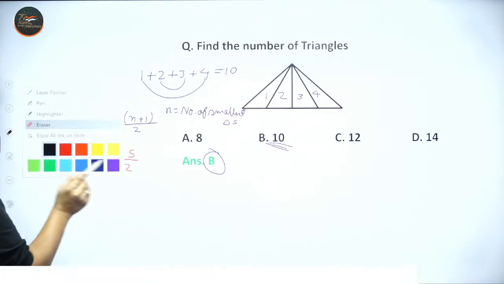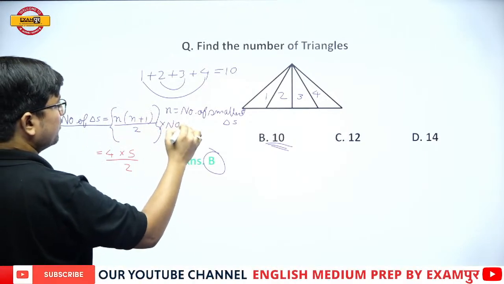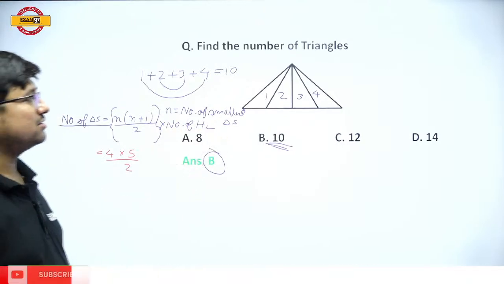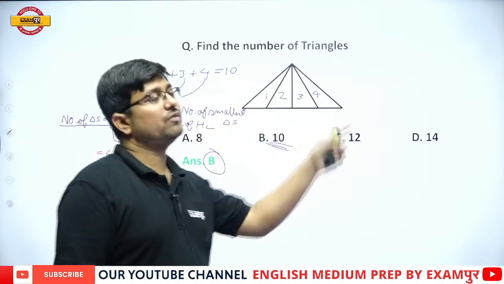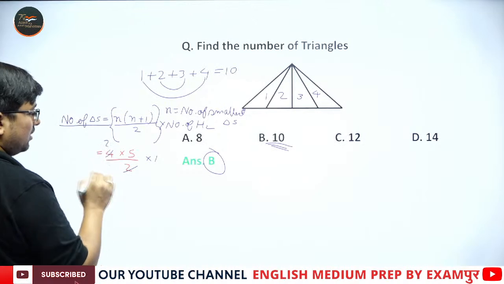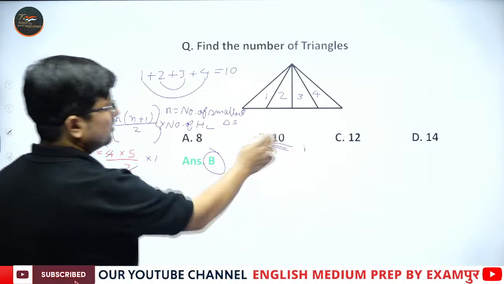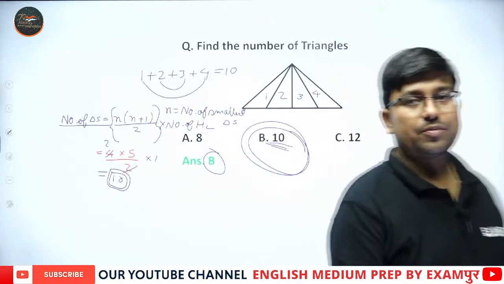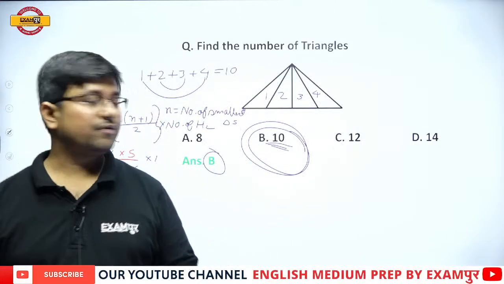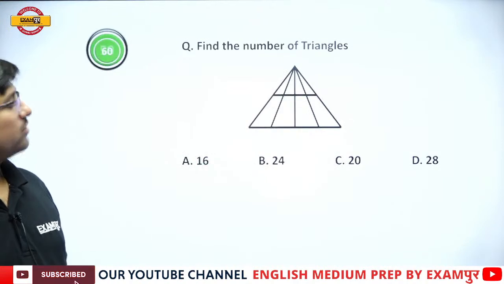It is n into n plus 1 by 2, multiplied by the number of horizontal lines. Here the horizontal line is only 1, so n into n plus 1 by 2 into 1. If you do this calculation, you will get 10. That's the valid one, option number B, that is 10. Alright, everyone, getting it? Next, solve this one.